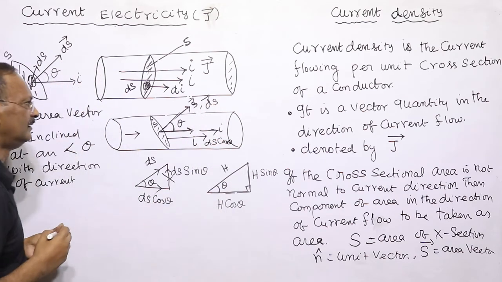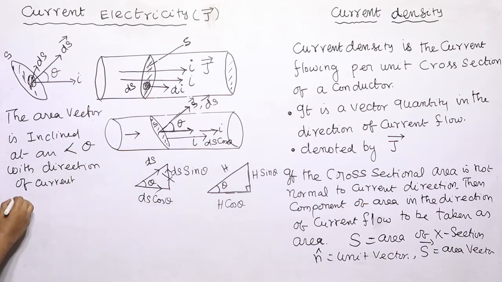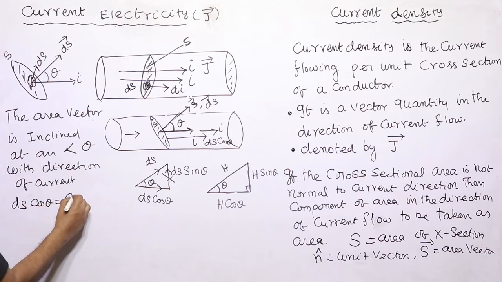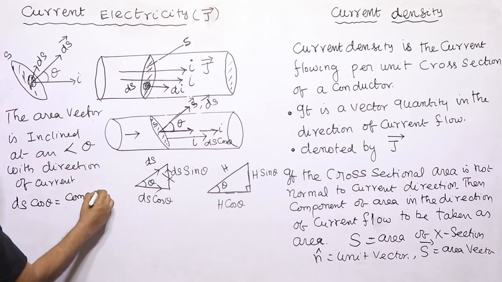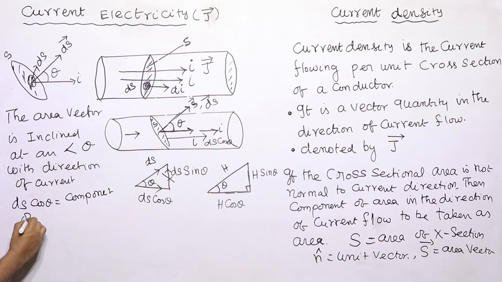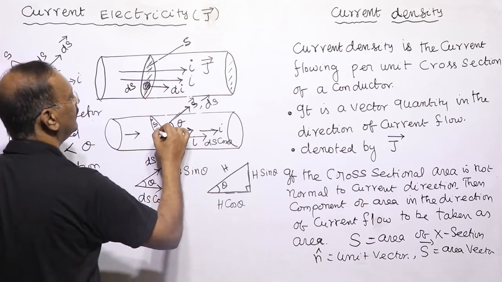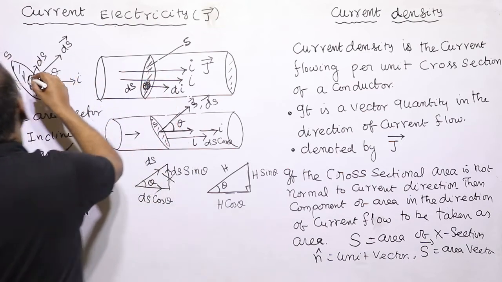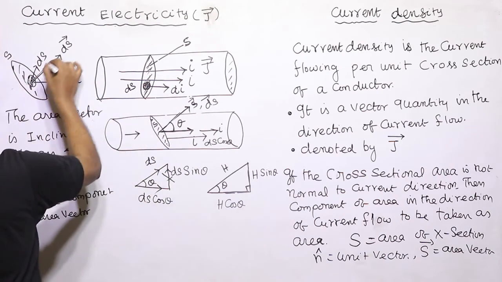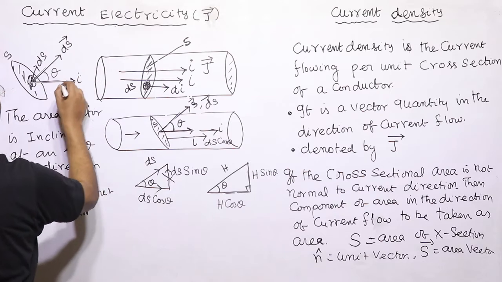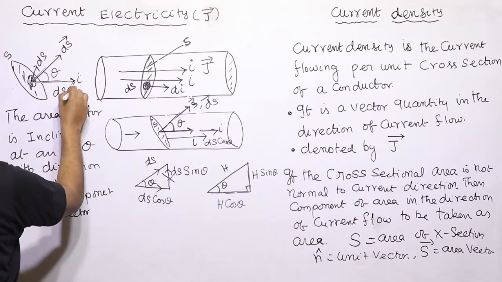The component ds cos theta is the component of the small area vector. We are considering this small area, and the component along the direction of current is ds cos theta.